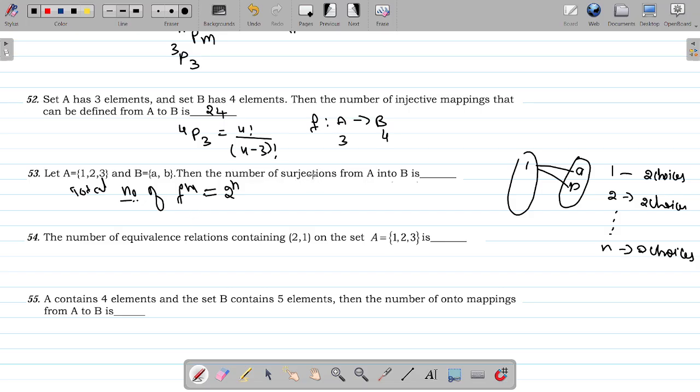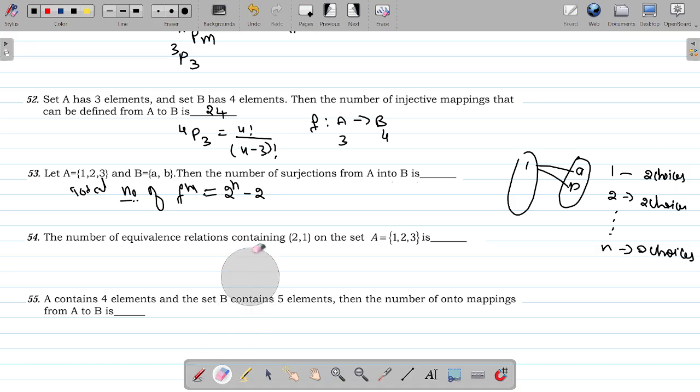We need surjections, so from the total number of functions we are going to subtract the functions which are not surjective. So which are not surjective here? There are two chances, right? All the elements of A can be related to B, or all the elements of A can be related to A. So two choices are there. So it is nothing but 2 power n minus 2.